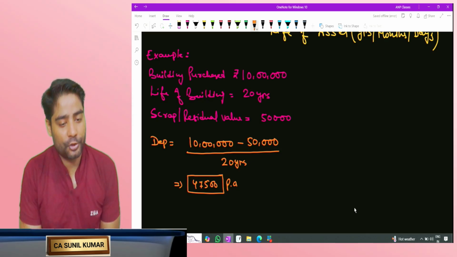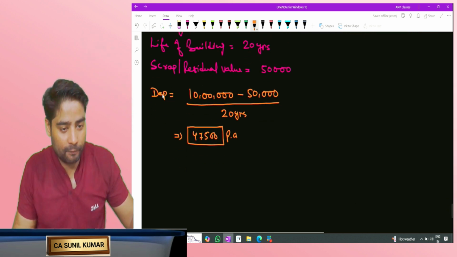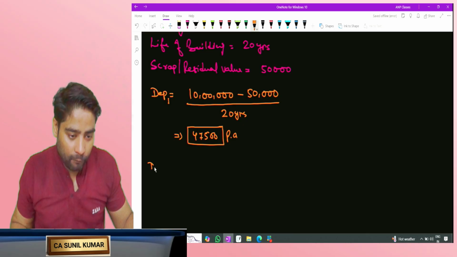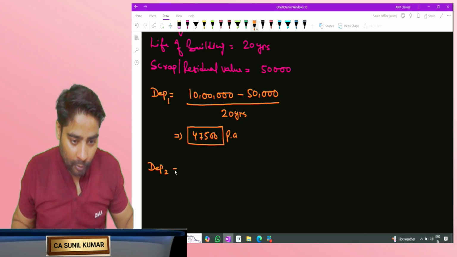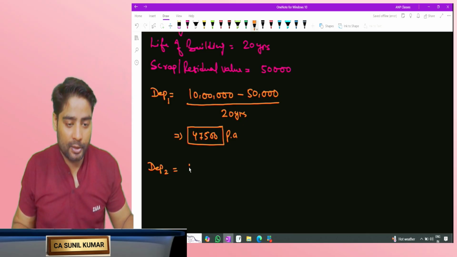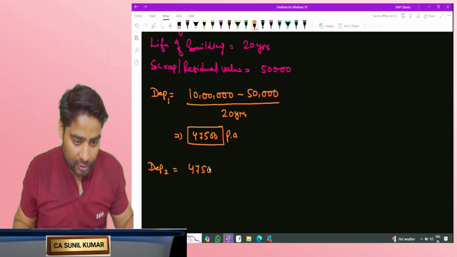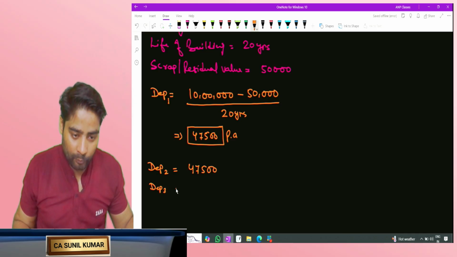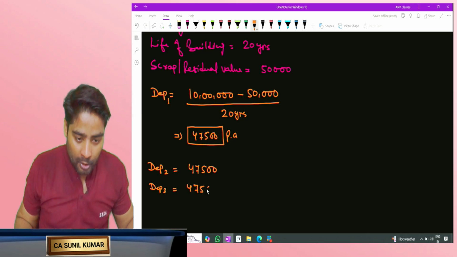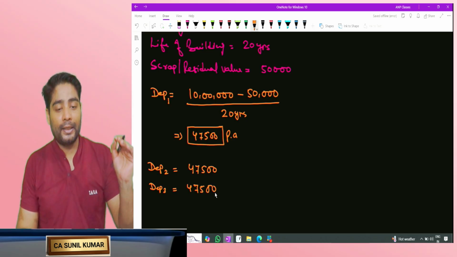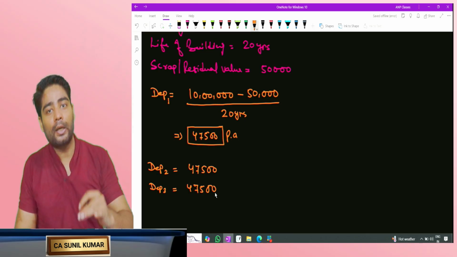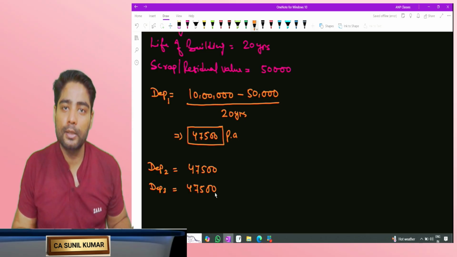And why is it called straight line? Because for year one depreciation will be 47,500. For year 2, what will be my depreciation? Sir, for year 2 my depreciation will be 47,500. For year 3 my depreciation will be the same. So in straight line method, your annual depreciation will always be the same.